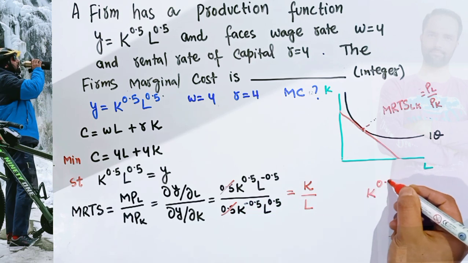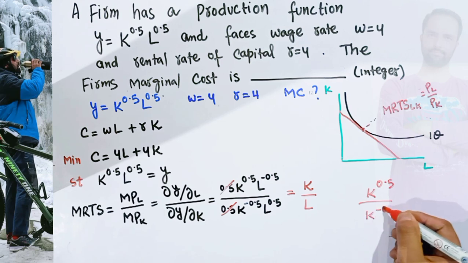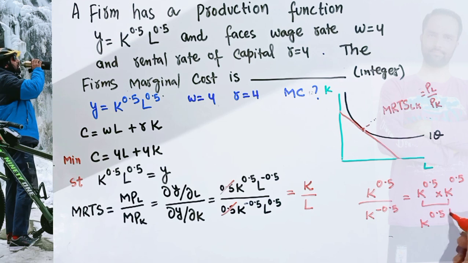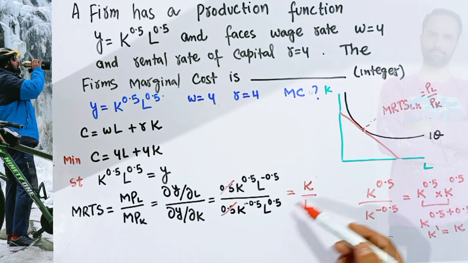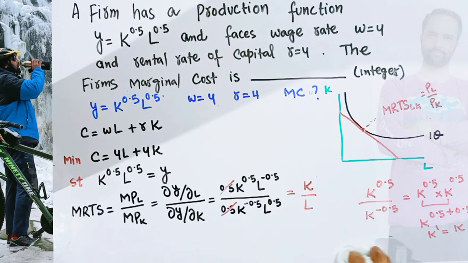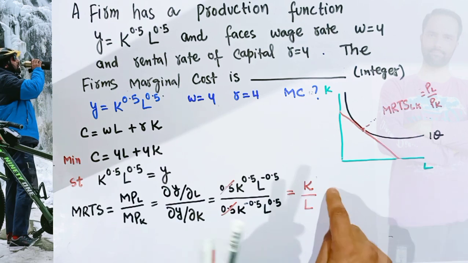We have K^0.5 here, K^-0.5 here. Transposing it, it becomes K^0.5 multiplied by K^0.5, the exponent sign changes. Bases are the same, so we can add up the exponents. We get K to the power 1, that is only K. Symmetrically this is true for L if I transpose it to the denominator. So MRTS is equal to K upon L.